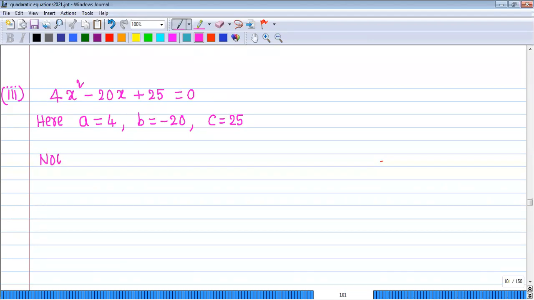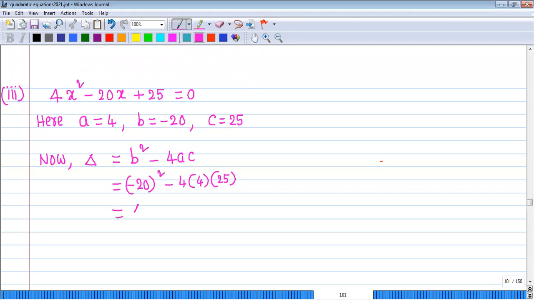Now delta or D also. In some textbooks it may be given as D. Don't get any confusion. Even if you use D also, no problem. b square minus 4ac. So minus 20 whole square minus 4 times 4 times 25.